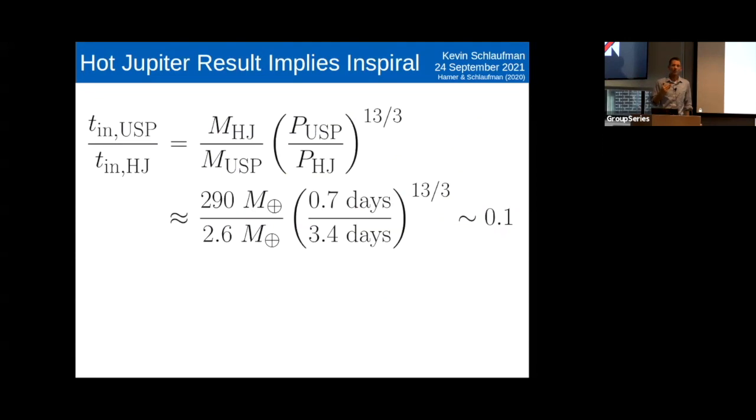If the efficiency of dissipation is independent of the forcing amplitude or the period, that is a constant Q model, which is what most people would use, then the fact that we see hot Jupiters being destroyed implies that the time scale for USP destruction is something like 1/10 of the time scale for hot Jupiter destruction. So if everything is the same, if there are no changes, then we should see ultra short period planets as a transient population as well.